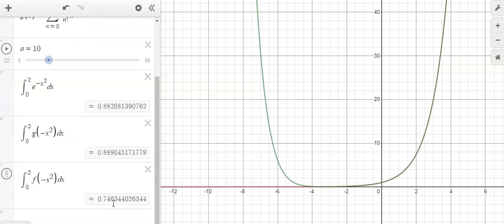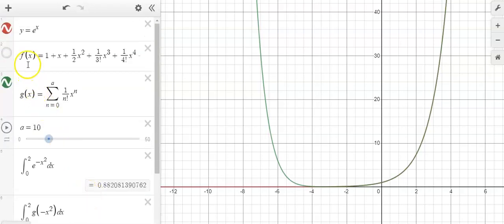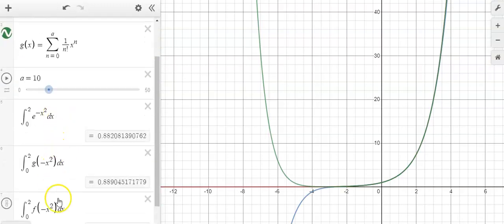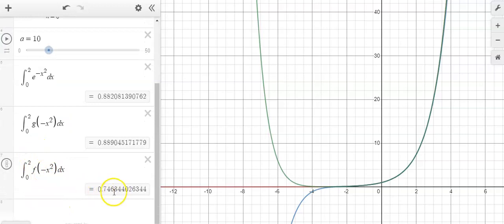Now you can even see it if you replace f of x. Remember, f of x was my e to the x Taylor polynomial. If you replace x with negative x squared and integrate, there's the 0.74 compared to what it should be, 0.88. Not bad, considering we only have 7 terms, I think it was in that case.